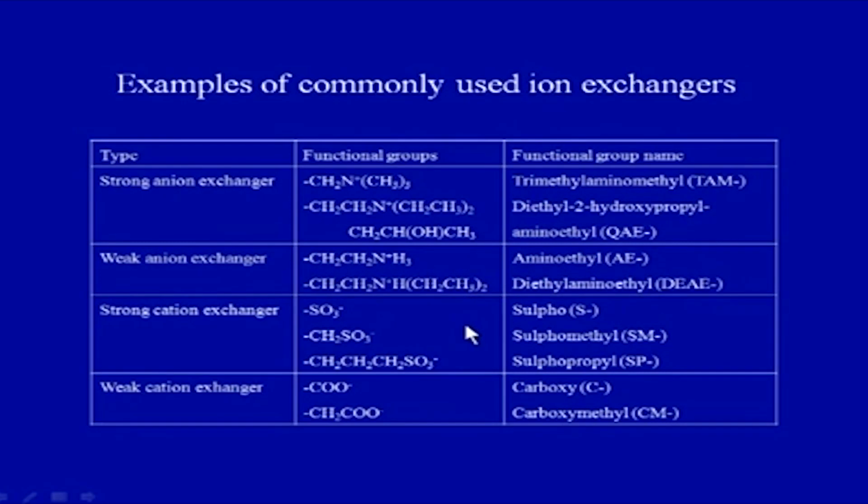Then there are strong cation exchangers like sulfo groups, which is sulfomethyl or sulfopropyl. Likewise, weak cation exchangers include carboxy groups or carboxymethyl groups. So, these are some examples, there could be many more weak and strong anion and cation exchangers.